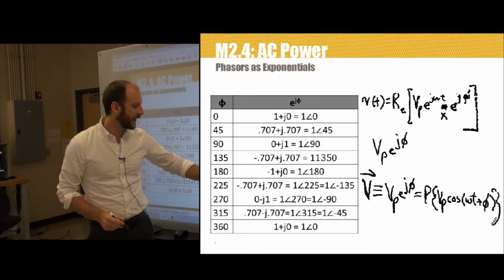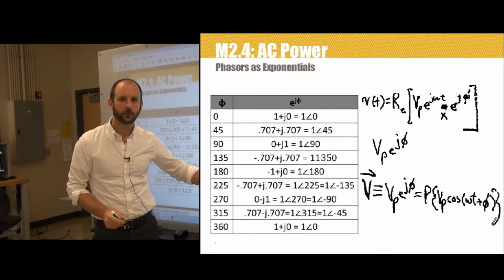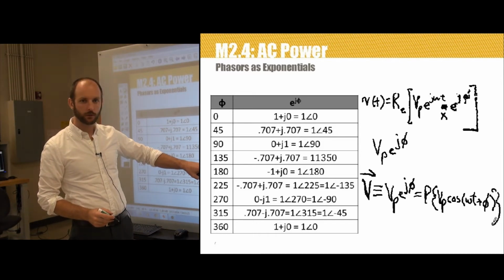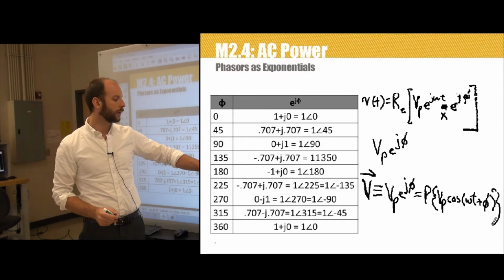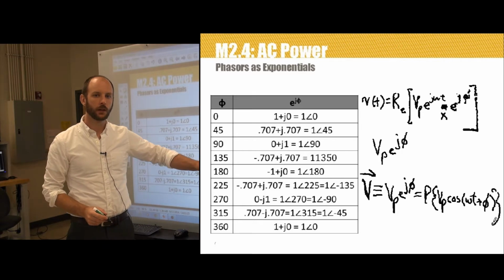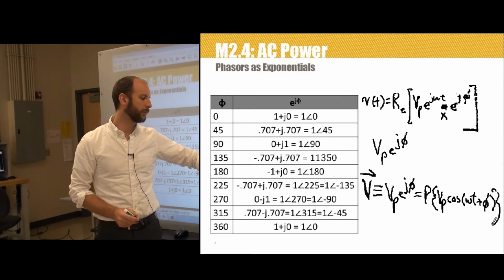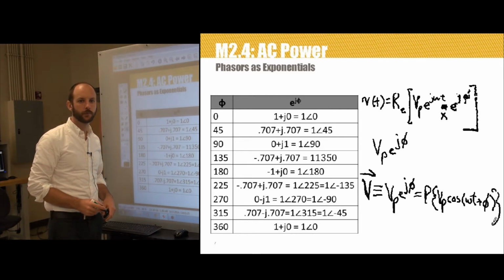The right-hand side, we read as the phasor transform of. So the phasor voltage V is defined as V peak times e raised to the j phi, which is the phasor transform of Vp cosine omega t plus phi.